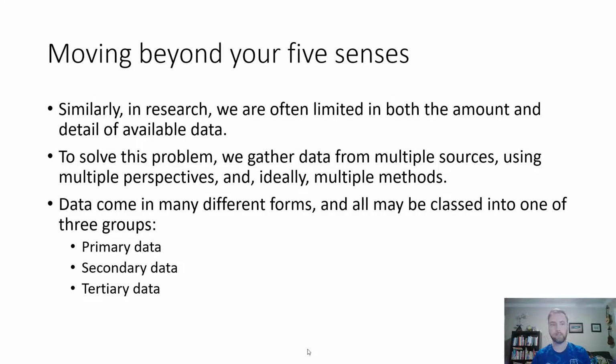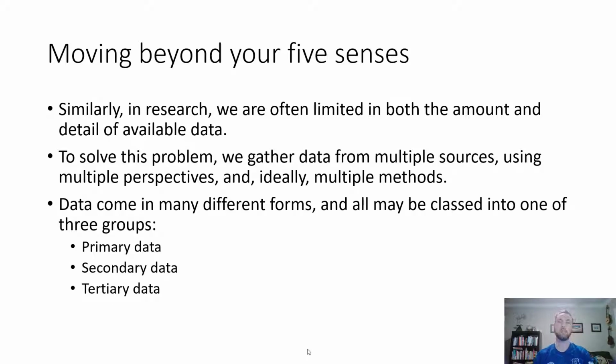Maybe if you're looking at the physical landscape, you might be able to download a digital elevation model and an aerial photo. So you have both the terrain and a photo. So it's up to you, the researcher, to try to paint as detailed a picture as possible through the data that you acquire. Okay. So to solve this problem, we gather data from multiple sources using multiple perspectives and ideally multiple methods. That's the hope.